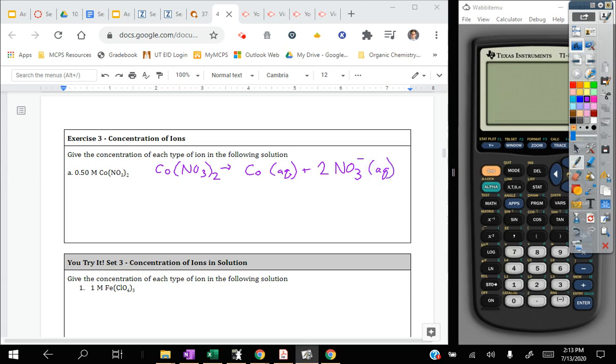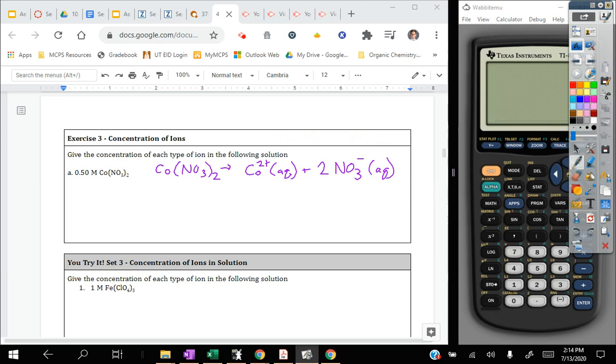If I have 2 1 minuses, my cobalt must be a 2 plus to balance that out. Remember, an ionic compound has a balance of ionic charges. So 2 plus and 2 negative 1s add up to 0. That is the goal of every ionic compound.